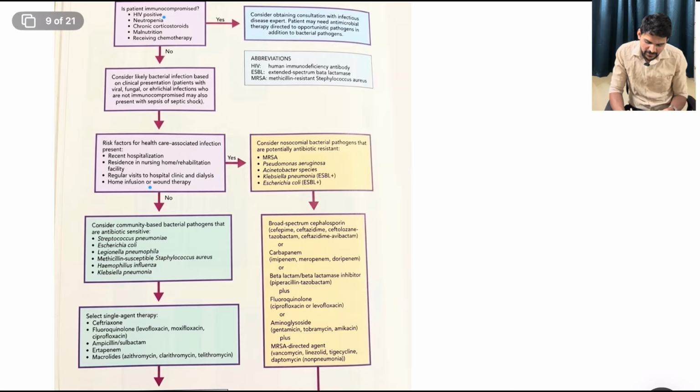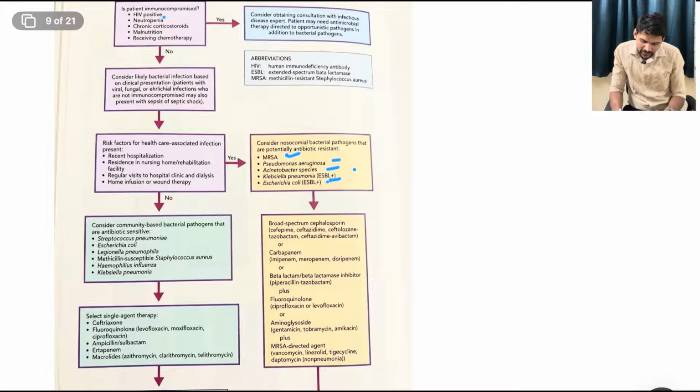Suppose there is a history of recent hospitalization or regular hospital visits. In that case, consider nosocomial bacterial pathogens. So always consider an antibiotic which will cover MRSA, Pseudomonas, Klebsiella pneumoniae or Acinetobacter.